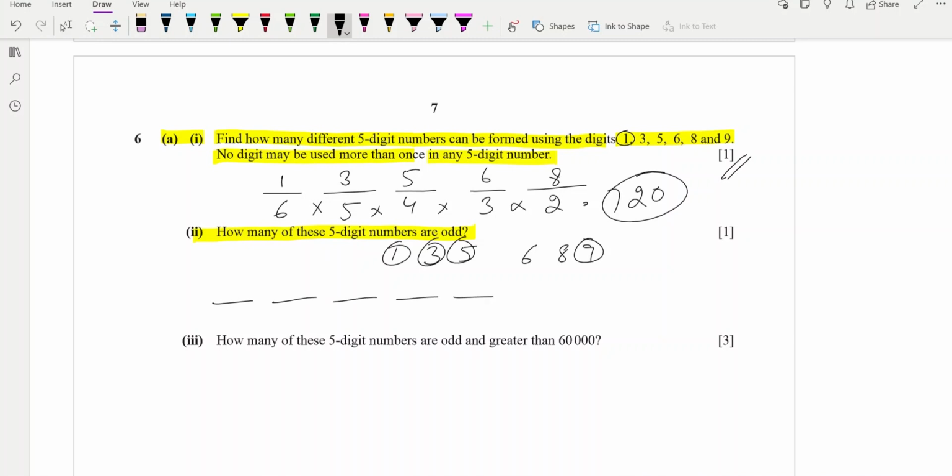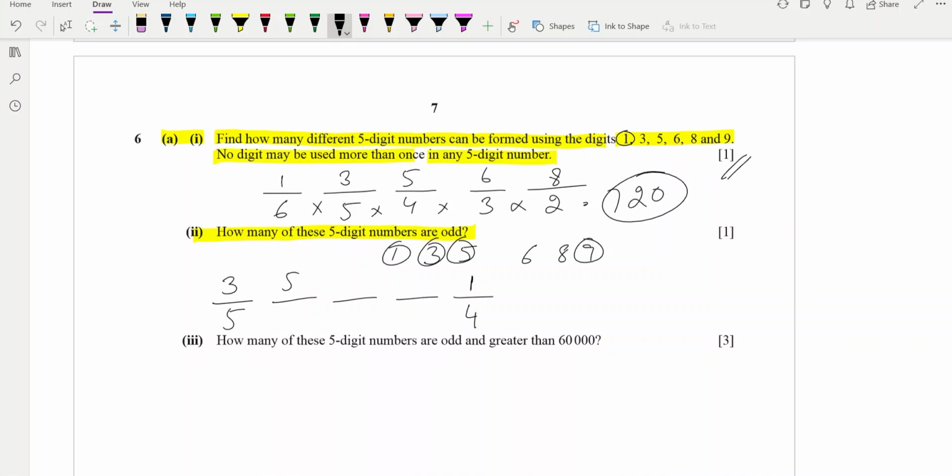And if we take odd numbers, so 1 should be here, and 1 out of 4 odd, so 4 options. And then the rest of the numbers we can write over here. So 3 out of remaining 5, so we can write 5.